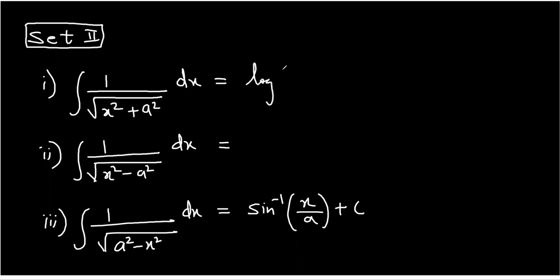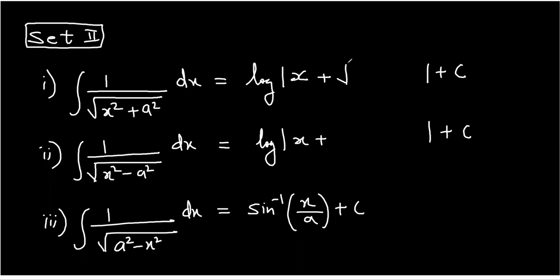You have log mod plus c, and here also log of mod plus c. Now inside the mod, what you have? You have two terms. One of them is the variable itself. What's the variable, students? The variable is x. So you write x plus. Here also you write x plus, and then you copy the whole square root which you had in the denominator. So x plus, copy the square root, x square plus a square, and here you have x square minus a square. These are the 3 results.